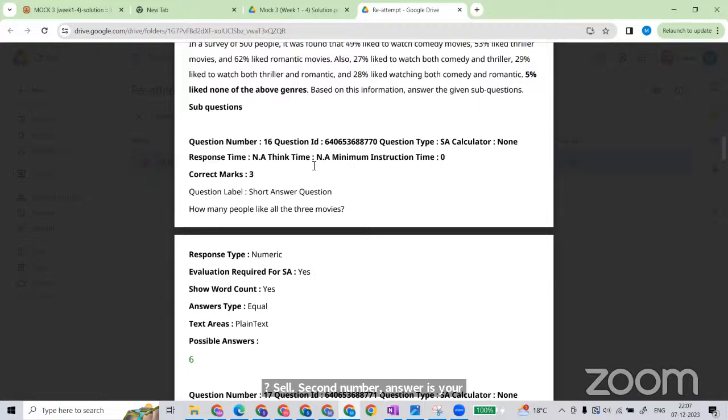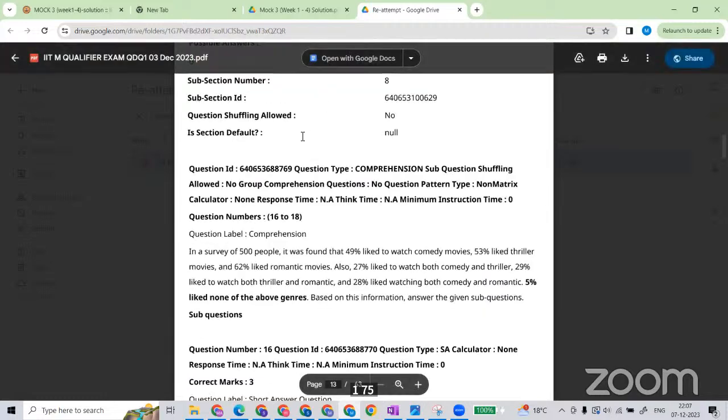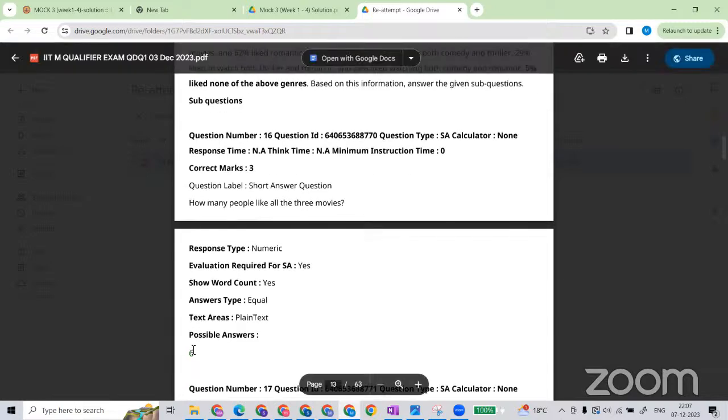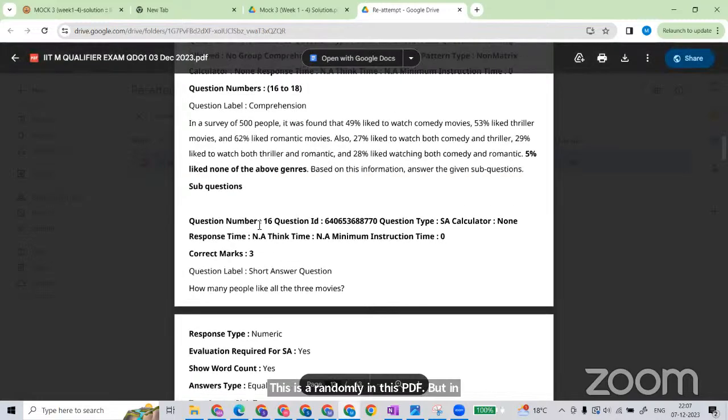So let me complete it. I have also seen in my PDF that the answer is 75. This TCS format PDF has the issue. Here it is not 6. This is randomly kept in this PDF, but in whatever we have created, the answer is 75.